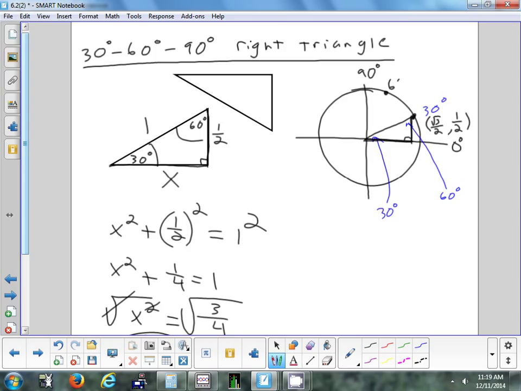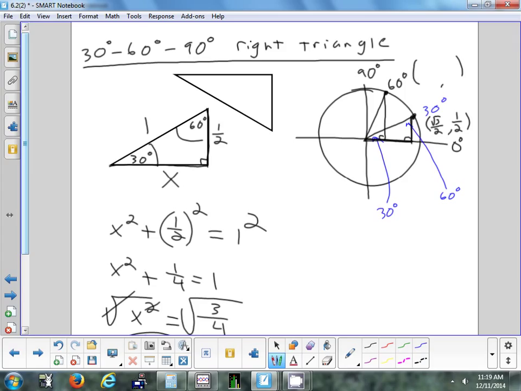Okay, 60 would be more up here. Draw your triangle. The 30 and the 60-degree angle, they're pretty much the same triangle, except instead of having the long side as the base, you've got the short side as the base. Okay.